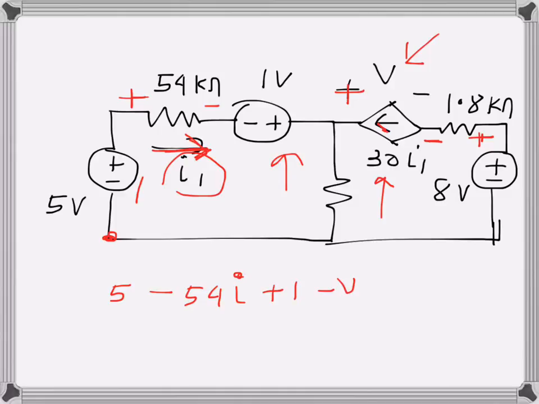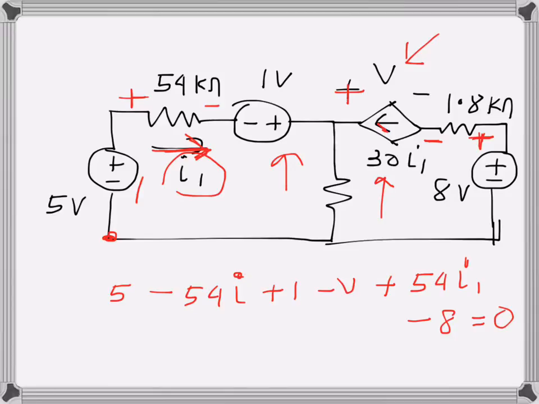Since the drop is in this direction, it will actually be a rise because I am going from minus to plus, so it will be plus, and 1.8 times 30 is 54 I1. Finally I have 8 volt, that is also a drop, so that will be negative as well, and it is equal to 0. Rises as positive, drops as negative. That's how I have written it.